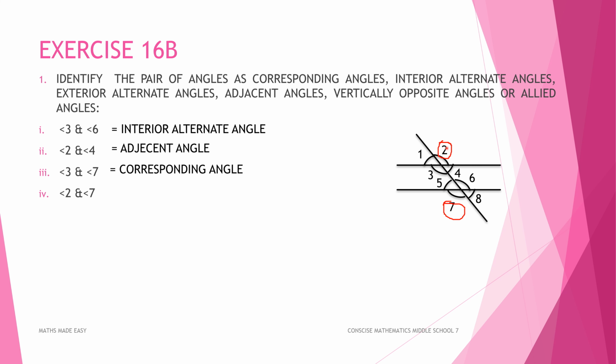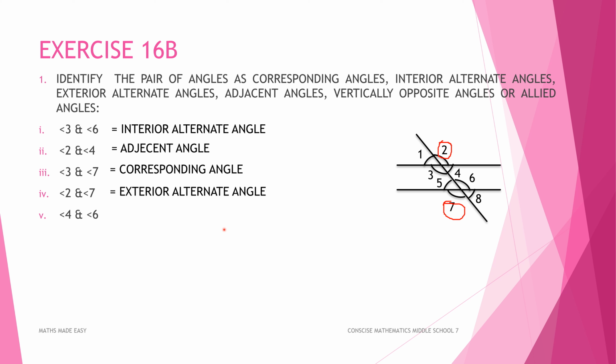It is on the exterior side, right? And even 7 is on the exterior, outer side. See, it is on the outer side. So both are exterior side, and look here, one is towards the extreme right, and the other, the 7, is towards the extreme left, right? So, alternate, right? So this angle pair comes under exterior alternate angle. Yes, our answer is correct.